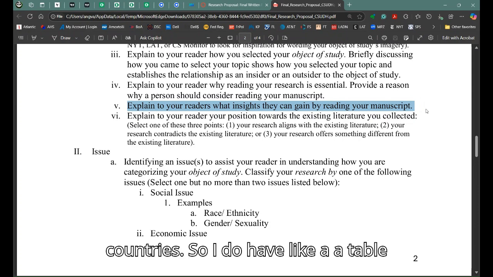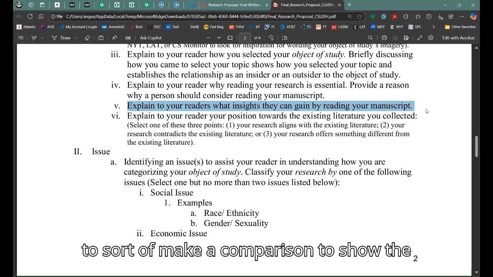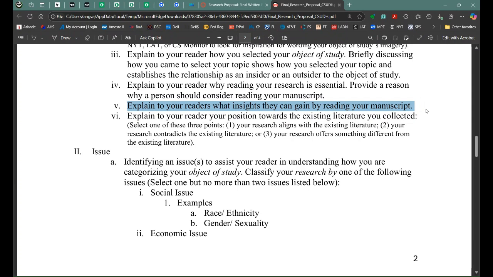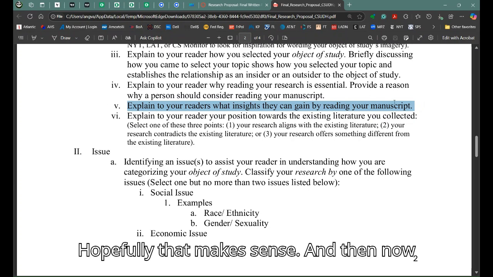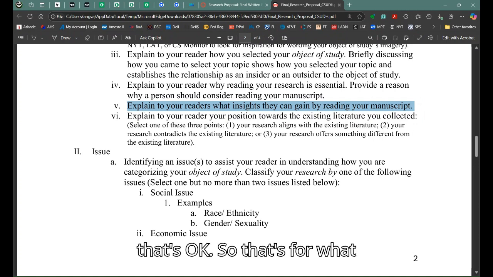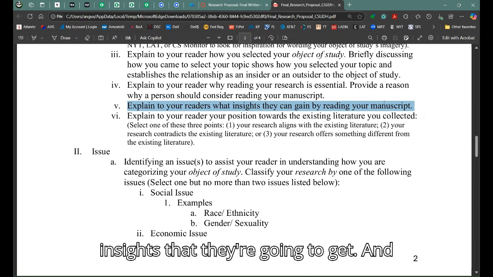So I do have a table to make a comparison to show the extensiveness and the magnitude of how the prison system is integrated into society. Hopefully that makes sense. So that's for what insights they're going to get.